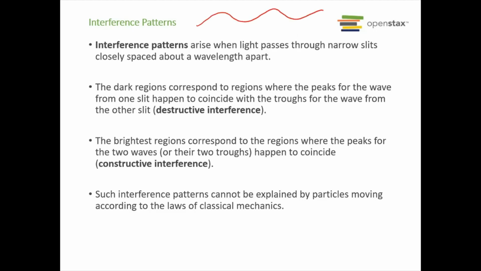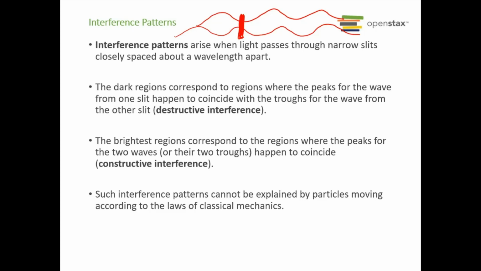So here's my first wave, and then our second wave, I do something like this. And where you have a peak from one hitting the trough of the other, you end up with a dark region. So if you were looking at the pattern this makes, this would be a dark area. So this is destructive interference.